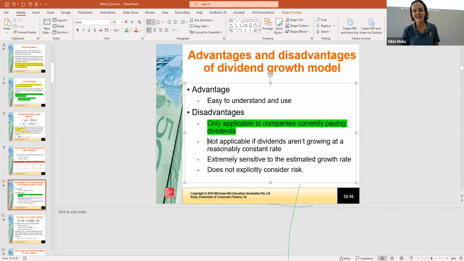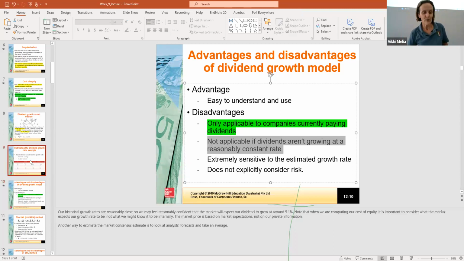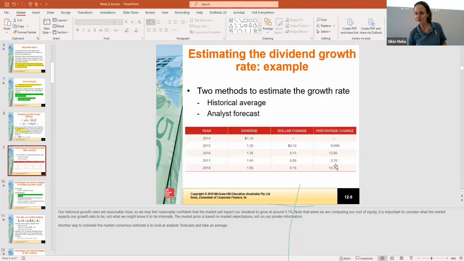And as it says here, it's also only really useful if the company's growth rate is relatively consistent over time. If the growth rate is really volatile from year to year, so if you're looking at these percentage changes, and if there's huge changes from year to year, it's not going to be a very reliable method to use.